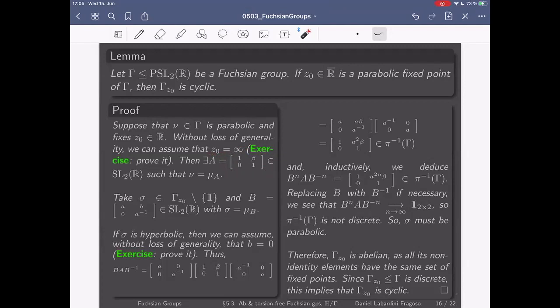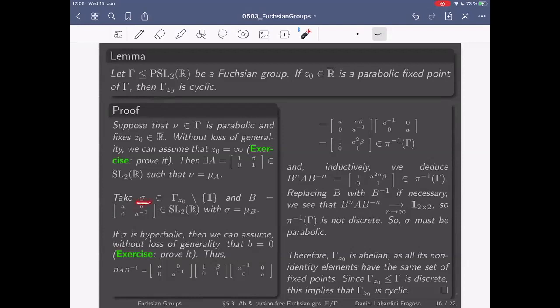But now the question is, are there maybe some other elements in the stabilizer which still fix infinity? So they come from matrices of this form: A, B, 0, A inverse. The 0 says that infinity is a fixed point.